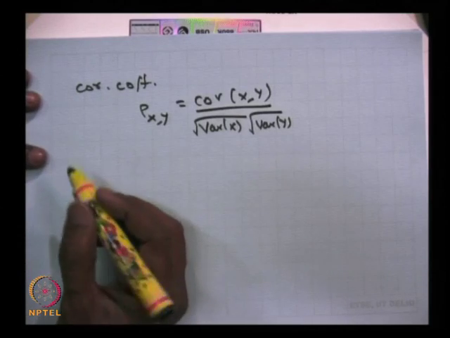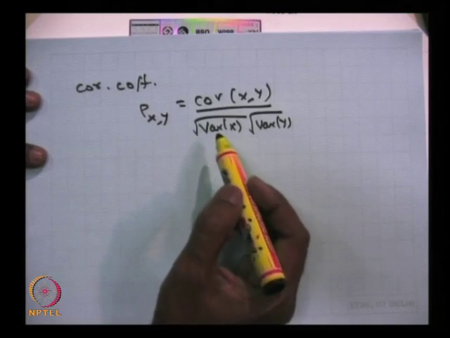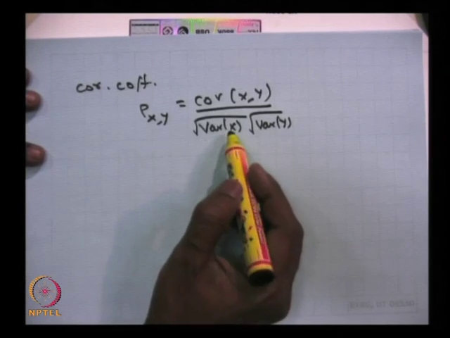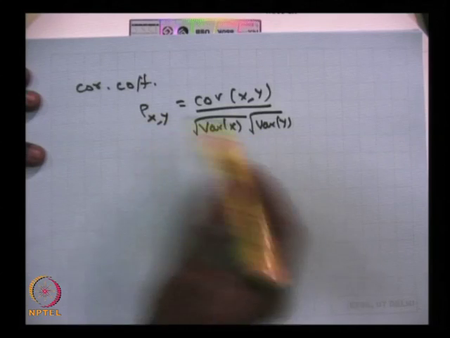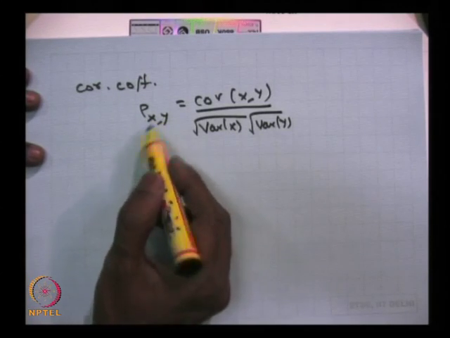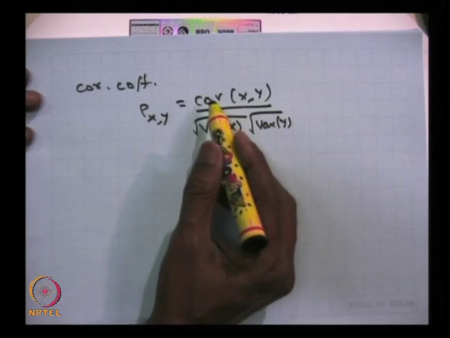That means, for the correlation coefficient to exist, the random variables should have at least a second order moment. Unless the second order moment exists, you cannot find the correlation coefficient between x comma y, because you are using the variance as well as the covariance.